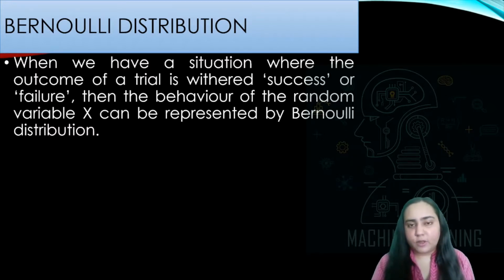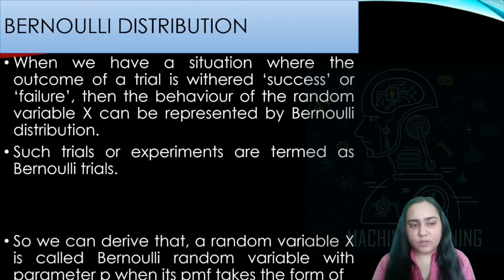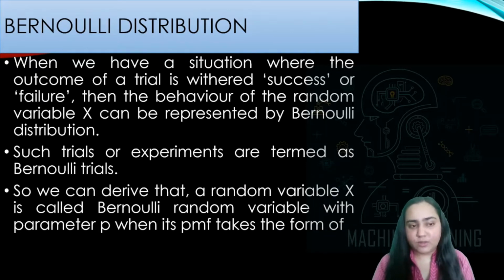So if you have a situation where there is either winning or losing, success or failure, then it would be a Bernoulli distribution. And such trials or experiments would be termed Bernoulli trials.